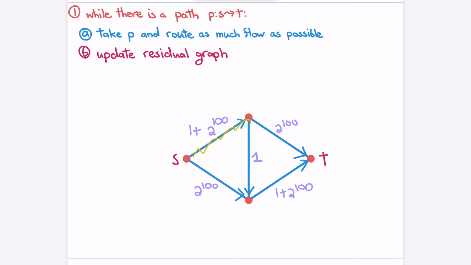Yeah, you'll send 1 unit of flow like this, and then this capacity will become 2 to the 100 minus 1, and this will become 2 to the 100 minus 1. And this will now go backwards in the opposite direction with capacity 1. You send one more, send one more, send one more. You'll need 2 to the 101 or something, plus 1 iterations to get it all through. So these bottlenecks can be bad.